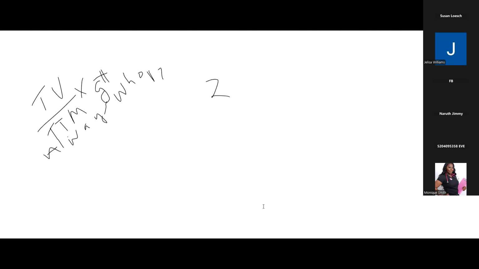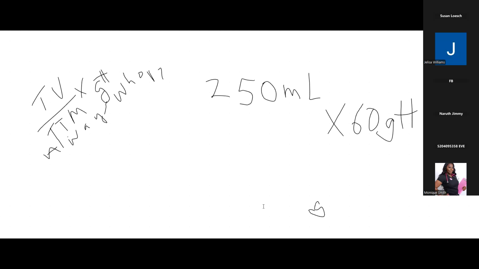And our tubing is 60 GTT per ml. And we're looking for drops per minute and mLs per hour.